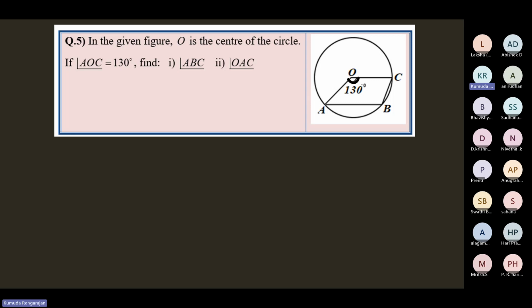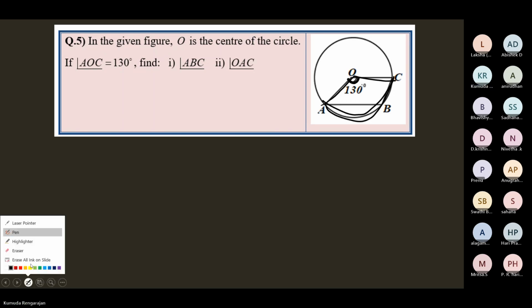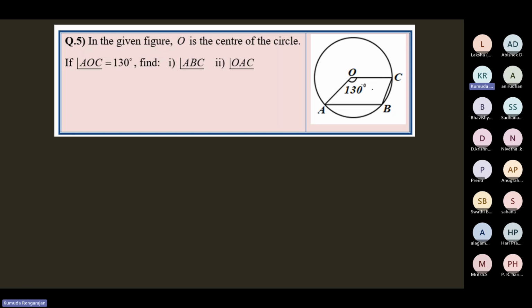So this is the arc. AC is the arc that subtends angle AOC at the center. Now to find this angle, you can see that AC is the arc which subtends AOC at the center.